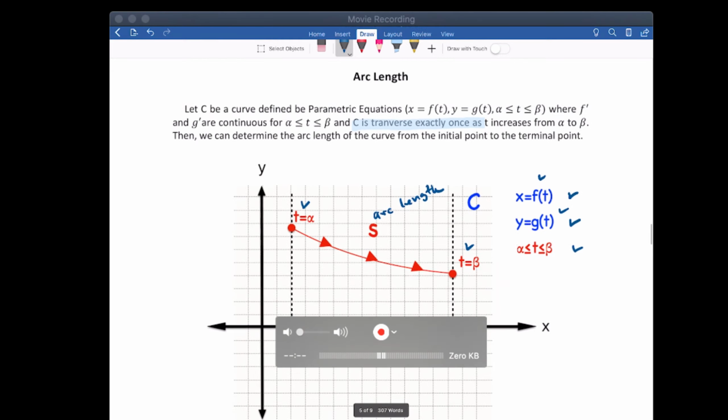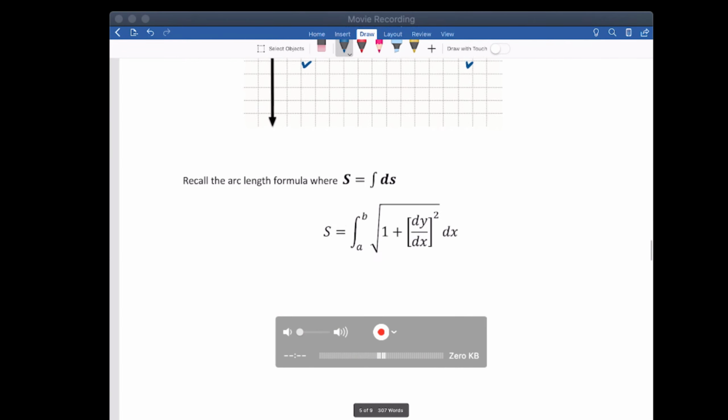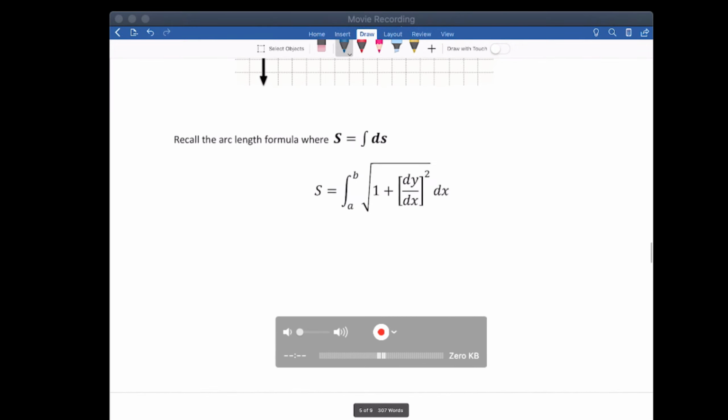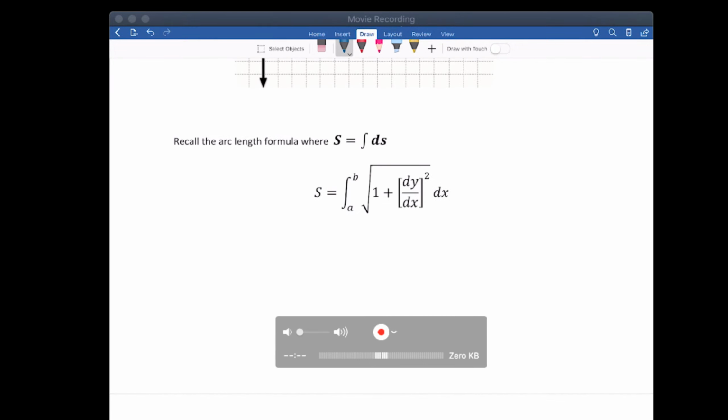So we'll see this. What I did here is prove for you the arc length formula with parametric equations. S equals, this is our traditional arc length formula from the rectangular coordinate system. Now remember that dy dx, which we saw yesterday, is dy dt over dx dt.